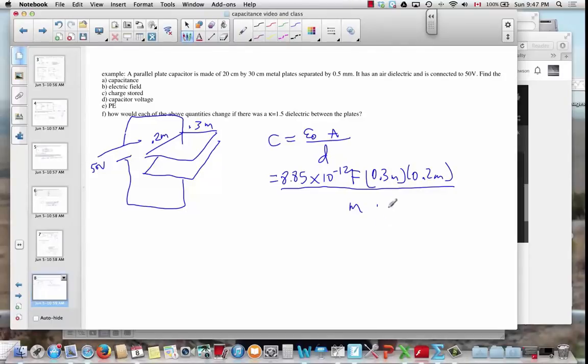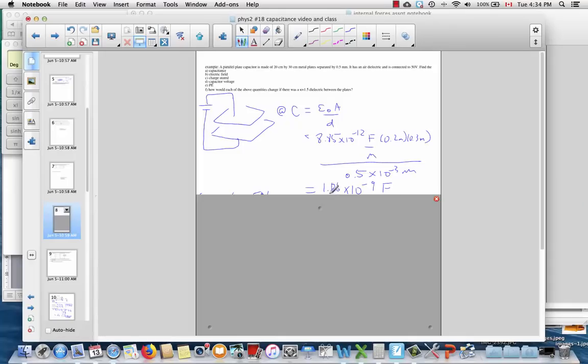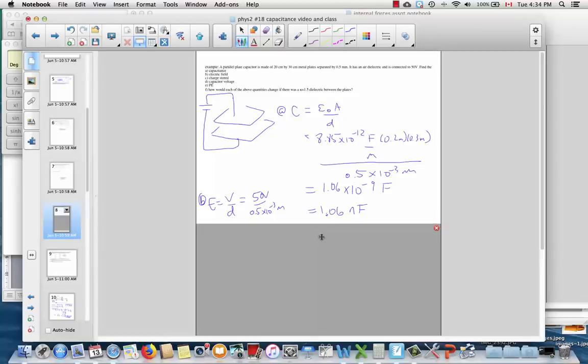And then our plate separation, 0.5 millimeters. That's 0.5 times 10 to the power negative 3 meters. So if you work all this out, you get 1.06 times 10 to the power minus 9 farads. 10 to the minus 9 is a nanofarad, so that's 1.06 nanofarads.